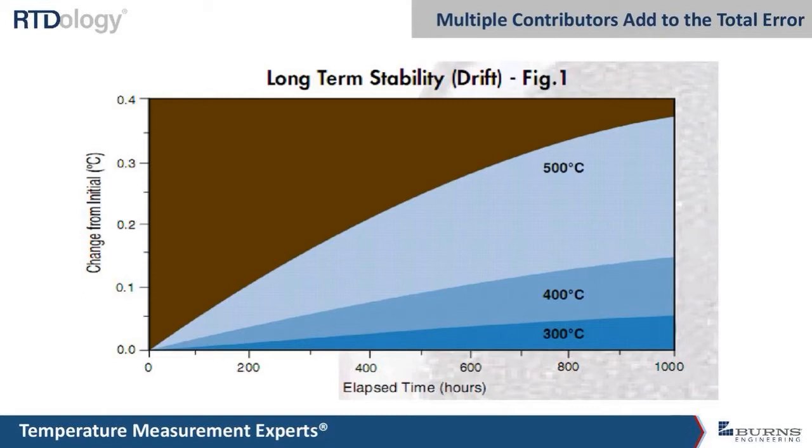It's a good idea to take a long-term stability number into account in your error calculation for the measurement. Again, not a very big number, but nonetheless, it still is there. As you run the probe at a higher temperature, this error can become quite significant. Up at 500 C, we're getting into that 0.35 range, which for some processes can be fairly significant.